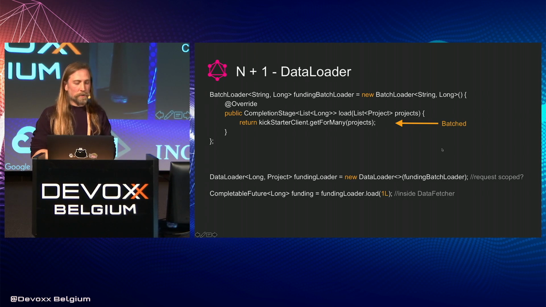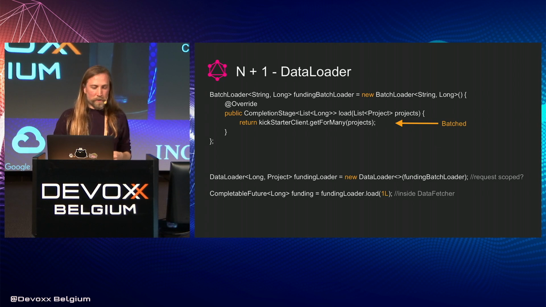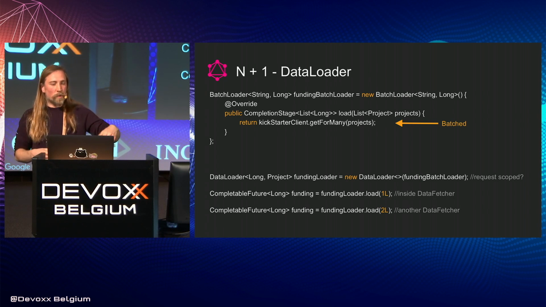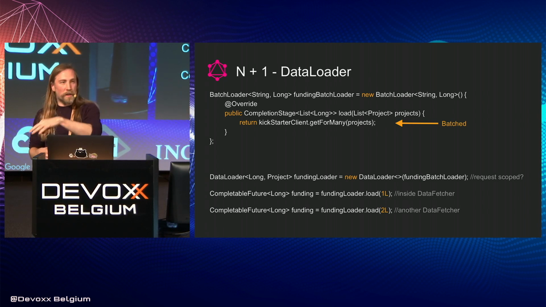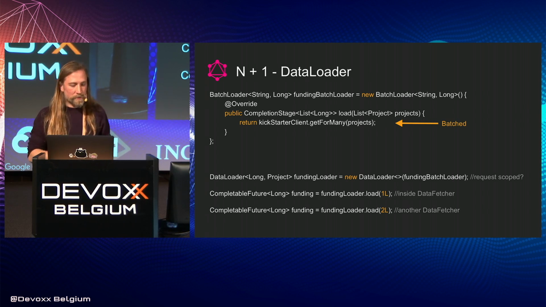And as a result, you would get a completable future, sort of a promise. In a different resolver function, you would call the same DataLoader but with different keys. So you would say, get me the funding for project 1, here's a promise of the result. Get me for project 2, here's a promise of the result. So you keep getting these completable futures.